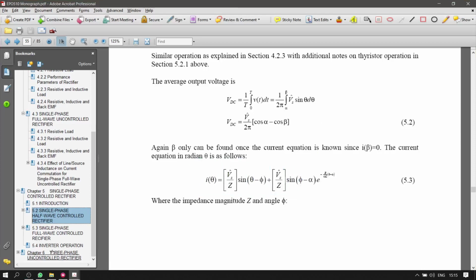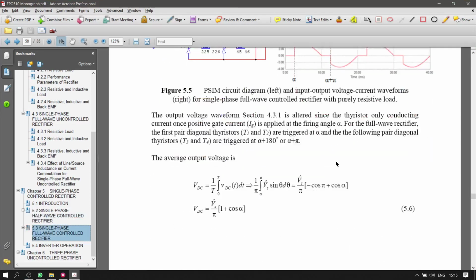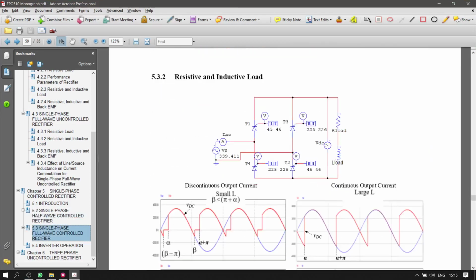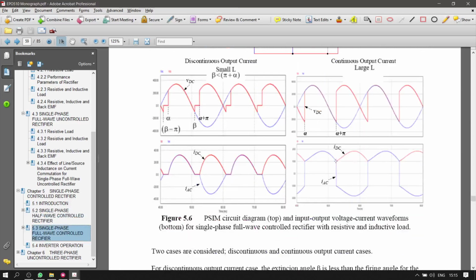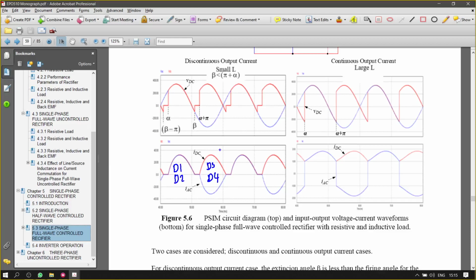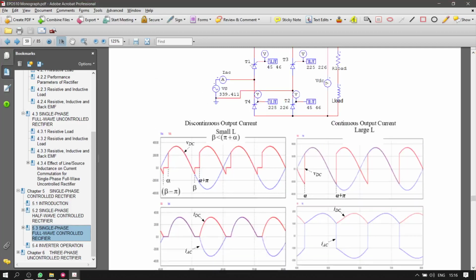Okay, so in this full wave rectifier, we know that this is when D1 and D2 operate, and this is D3 and D4 operation, isn't it? D1, D2, D3, D4. These are T1, T2, T3, T4, isn't it?